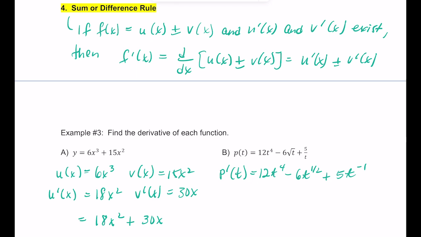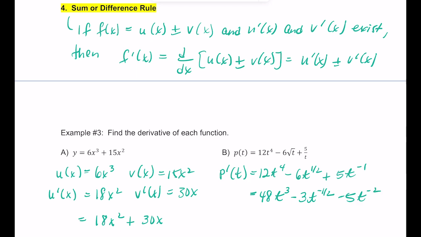Okay, and then I'm just going to apply my constant rule and power rule. So I've got 4 times 12, which is 48, and then subtract 1 from the exponent, you get t cubed. Then I've got a half times negative 6, which is negative 3, t to the negative 1/2 power, and then negative 1 times 5 is negative 5, t to the negative second power.